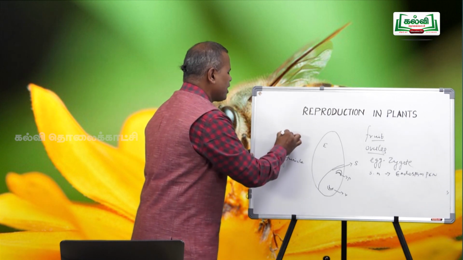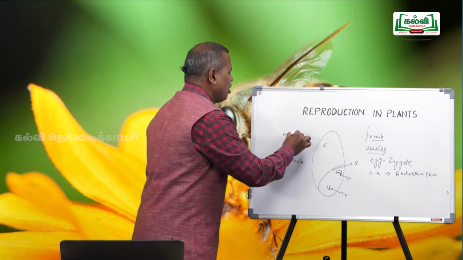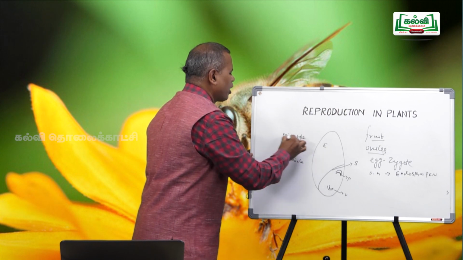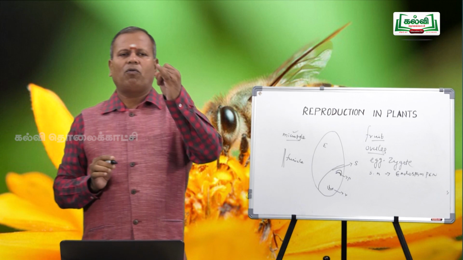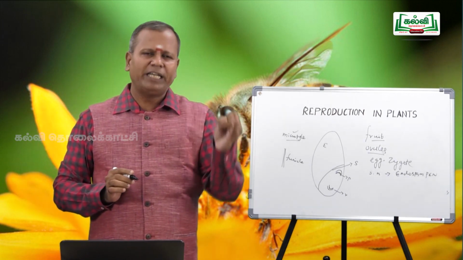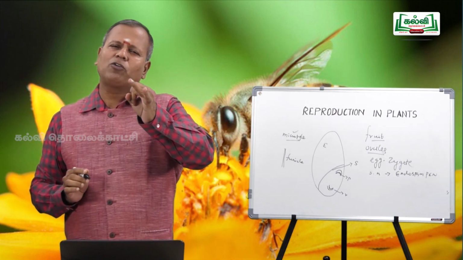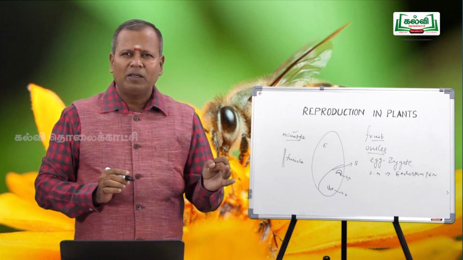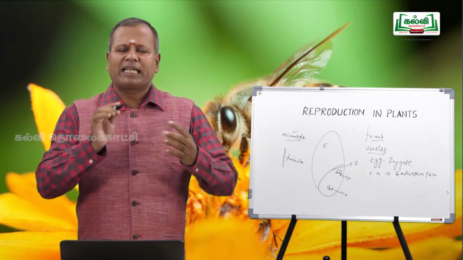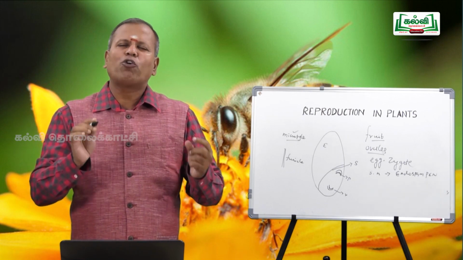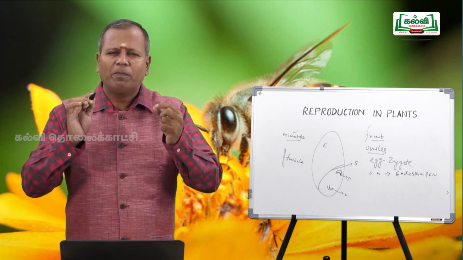Like that, the micropyle of the ovule is converted into the micropyle of the seed. Very important change: ovule is converted into seed, ovary is converted into the fruit wall or pericarp, egg is converted into zygote, secondary nucleus is converted into PEN, the primary endosperm nucleus.